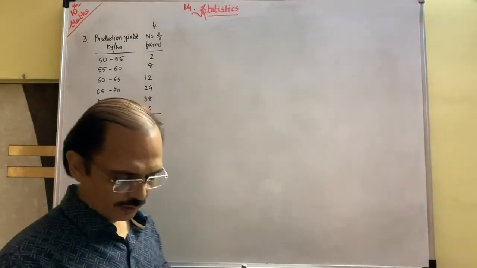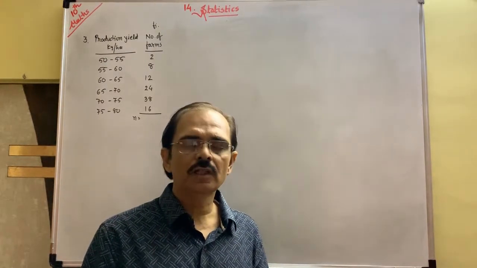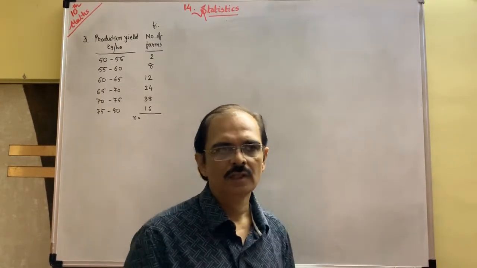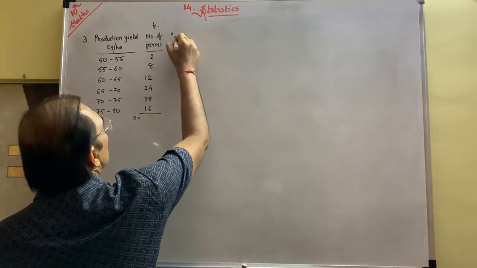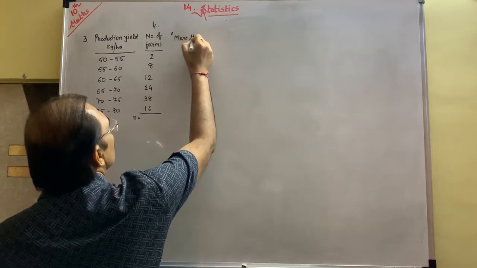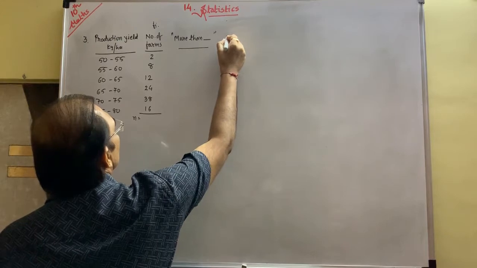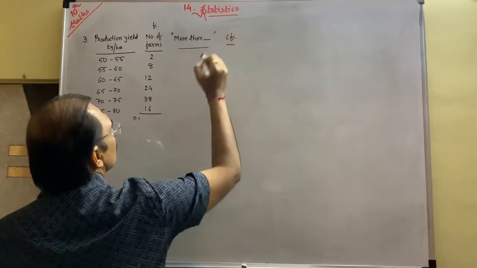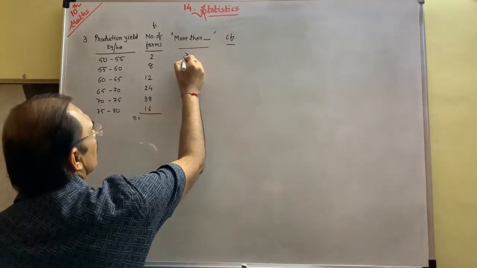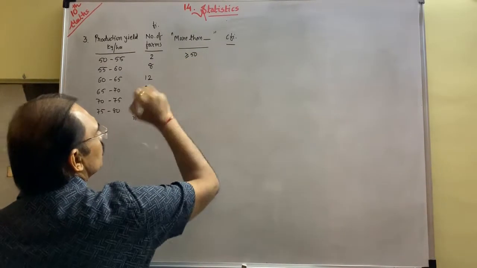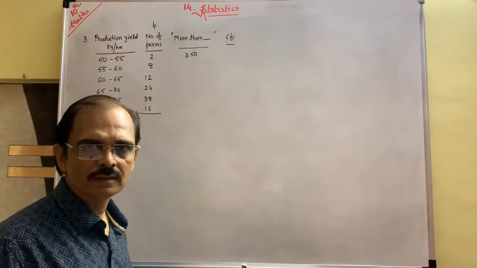Now the question is what? Change the distribution to a more than type distribution and draw the graph. More than type, so more than something, more than dash, and then its cumulative frequency. More than 50, greater than or equal to 50. You can write more than 50. I write in this way to show you the different method.